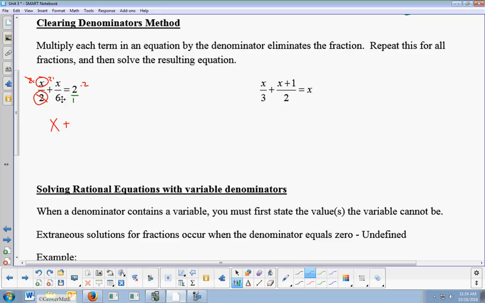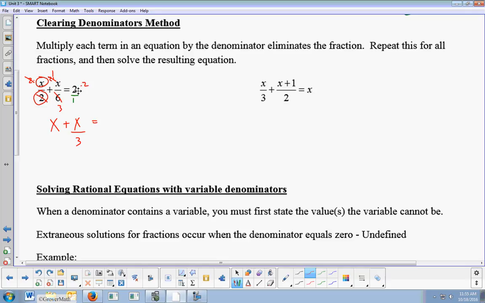They both can be divided by 2. And so this 2 gets simplified to a 1, and this 6 gets simplified to a 3. And so this fraction becomes 1 times x, x over 3. Like I said, if you'd rather make it 2x over 6, that's fine, you can. It's going to work both ways.